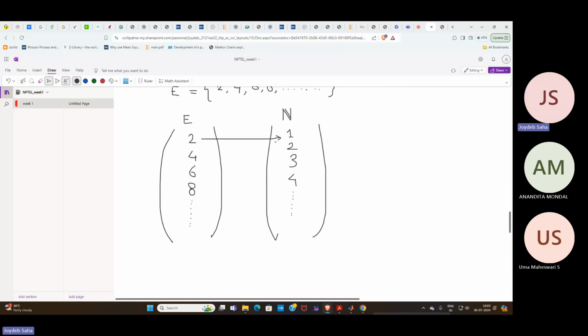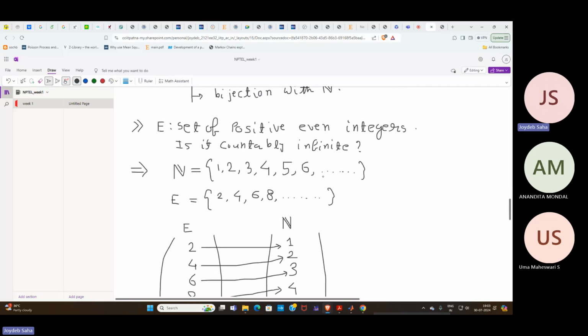We can map this like this, and so on, because E also includes an infinite number of elements, N also includes an infinite number of elements, and we can map 2 with 1, 4 with 2, 6 with 3, 8 with 4, and so on.